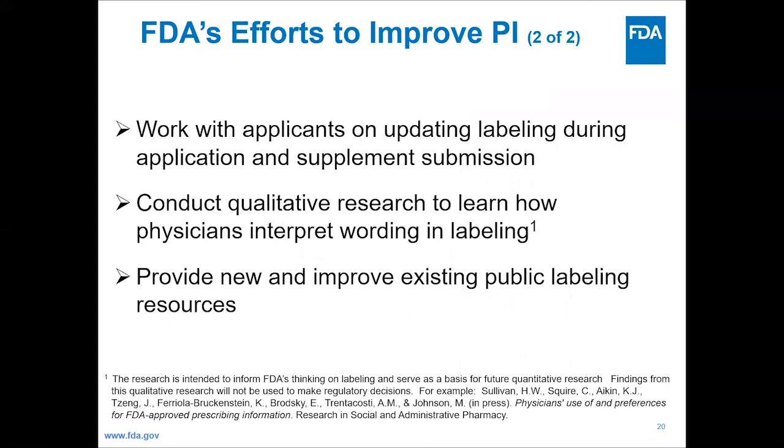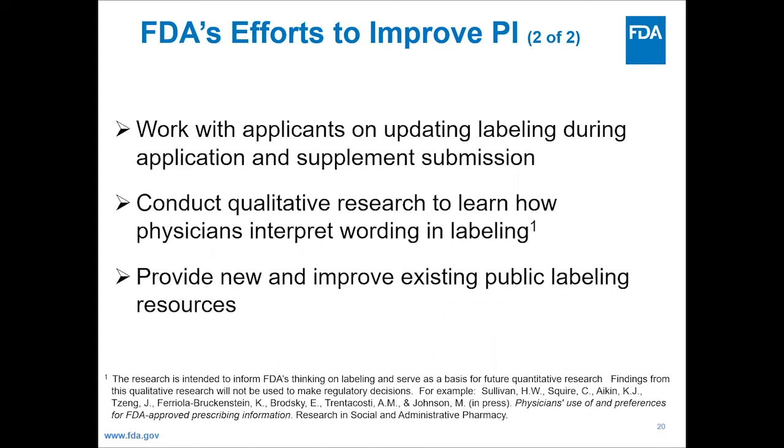We also are informed by some research that's done. I quoted some research in the footnote. So in this specific situation, there were interviews, around 45-minute interviews with 70 physicians. 35 of them were generalists, 35 of them were specialists, about certain items in the labeling.